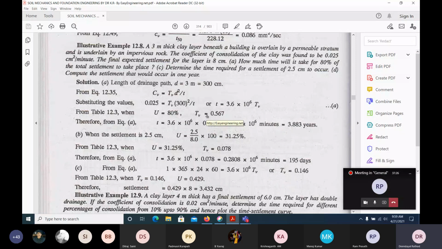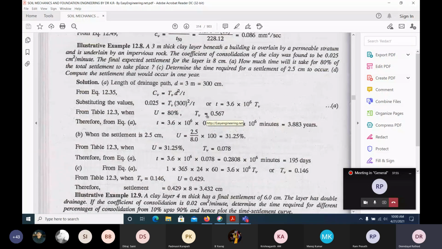So next, how much time will it take for 80% of the total settlement to take place? Total settlement is 8 centimeter.